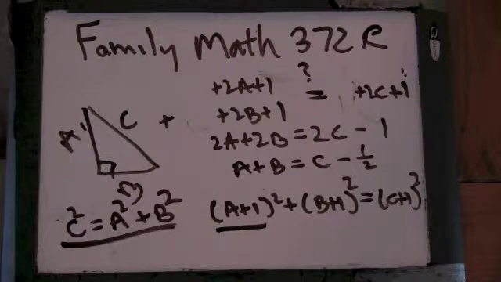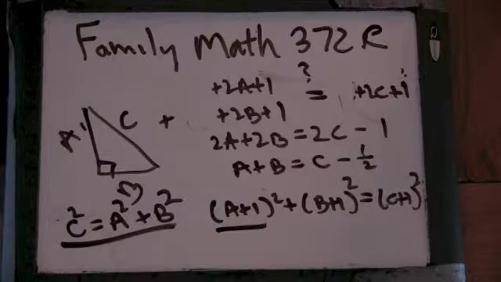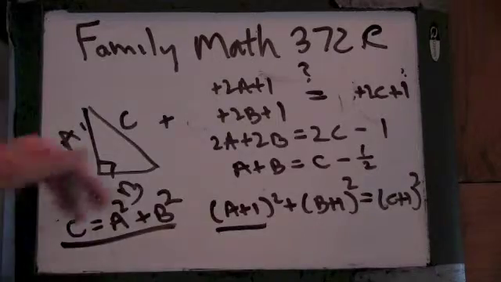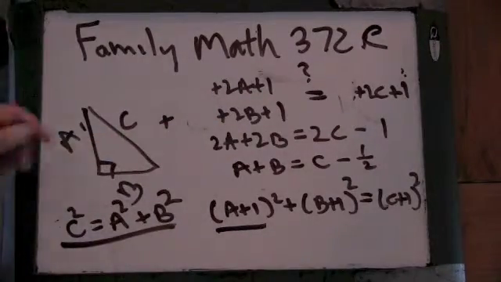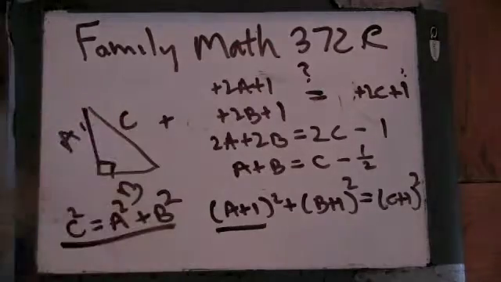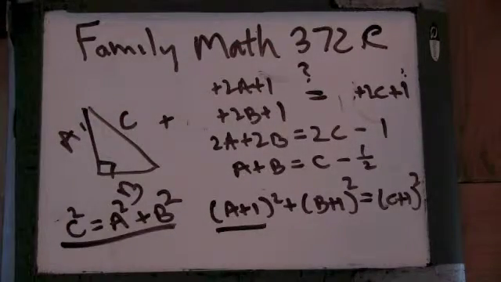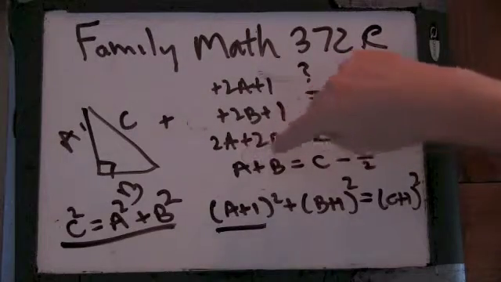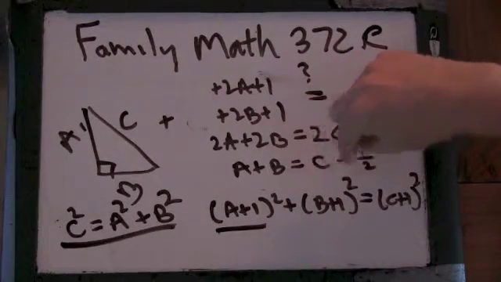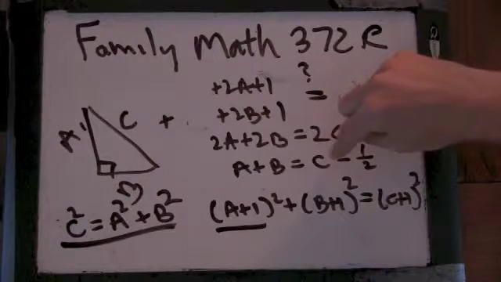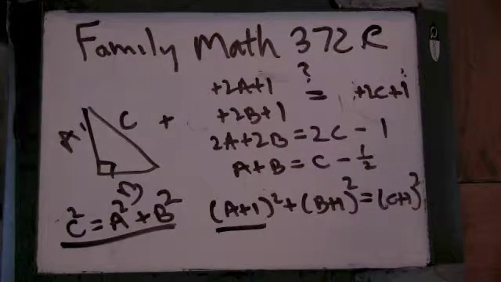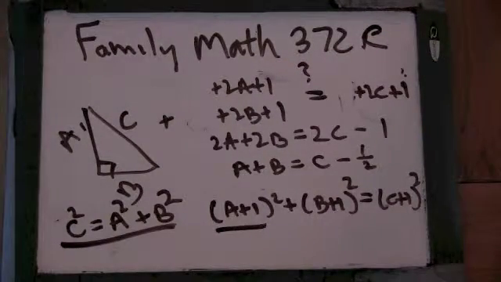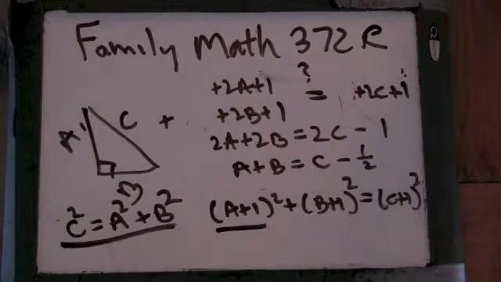But this can't ever happen. Why not? Because these are all integers, and this is saying a plus b is not an integer. Good observation. For this to be true, a plus b would have to equal c minus a half, but c, a, and b are integers, and 1/2 is not an integer.